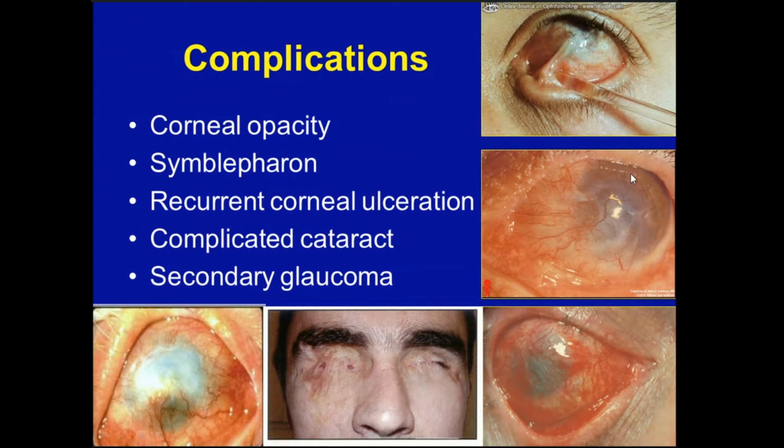This is also against the cornea. We see that the conjunctiva closes the cornea defects. Here we see that after a very severe burn, we have totally closed eyelids.